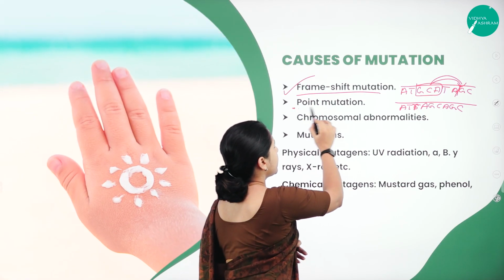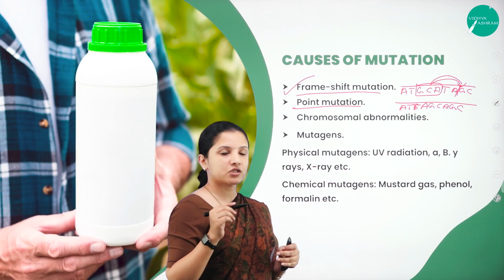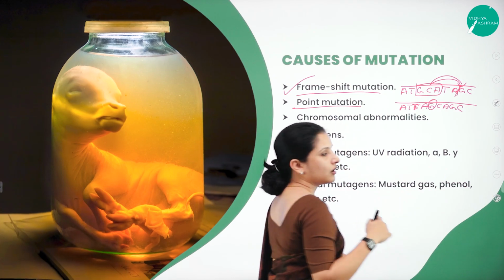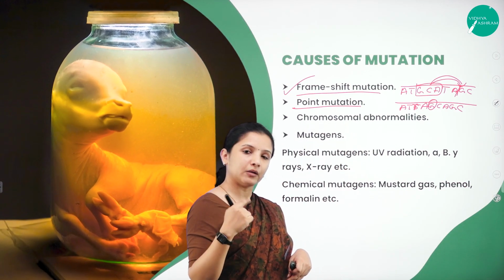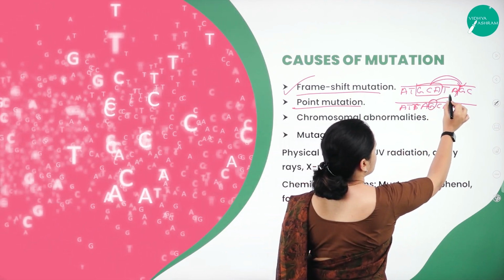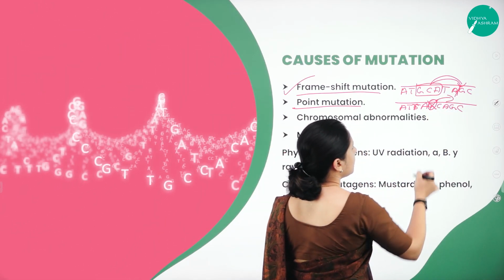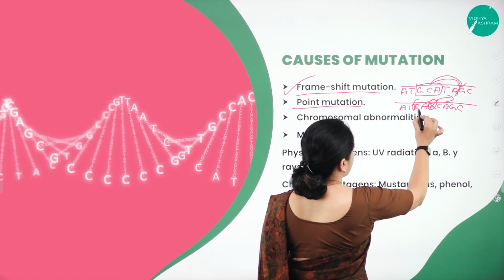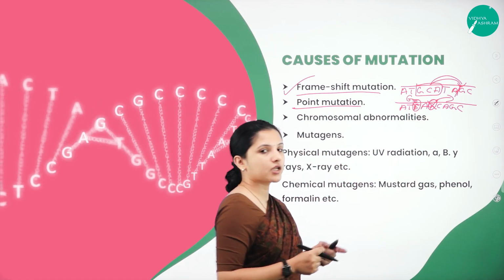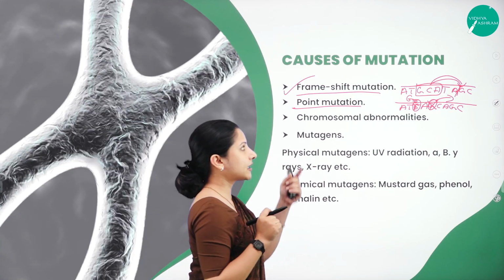Next is point mutation. In point mutation, only one nucleotide will either get deleted or one more nucleotide will get added in that particular position. Maybe this may get deleted, or instead of T, G may come here. So in point mutation, only one nucleotide is involved. Understand the difference.